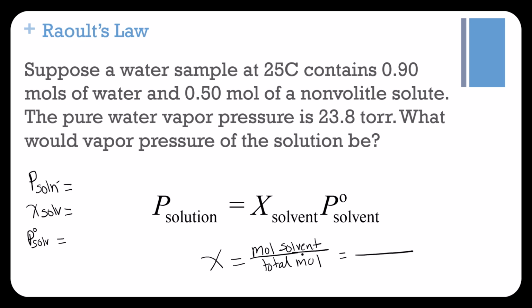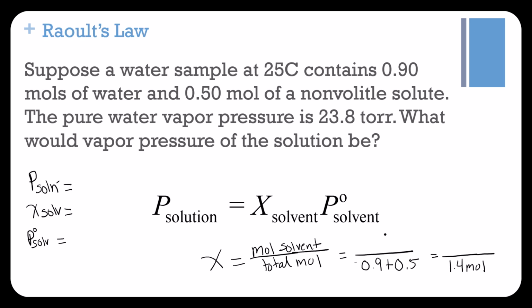All right, so total number of moles, we've got 0.9 moles of water, 0.5 moles of our solute. So 0.9 plus 0.5, so 1.4 total moles. All right, on the top, we want our moles of solvent.